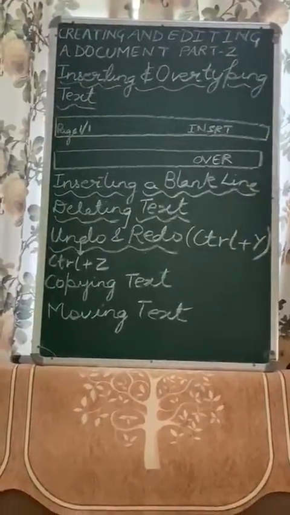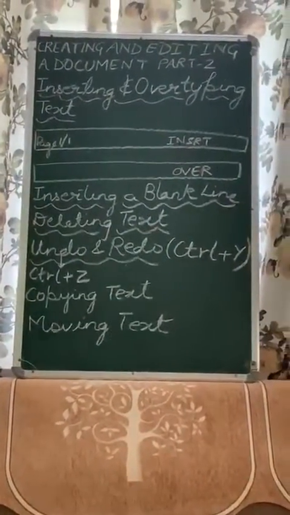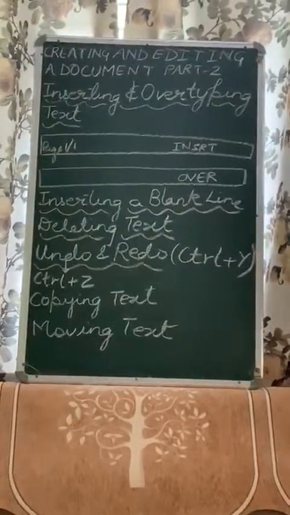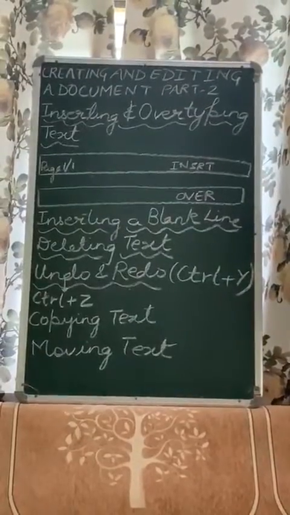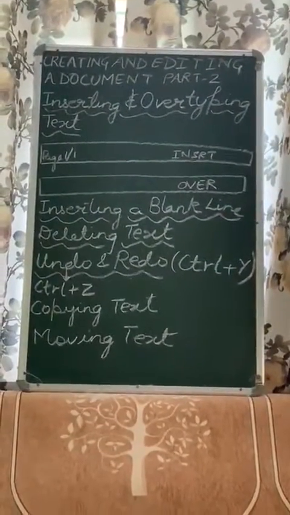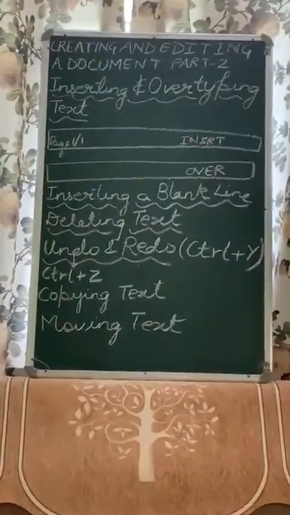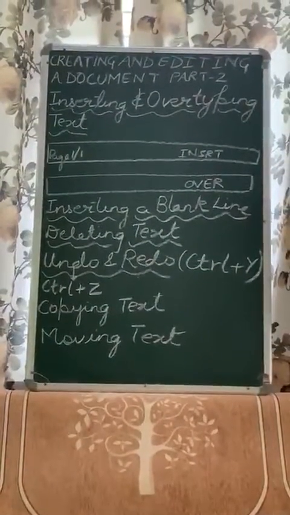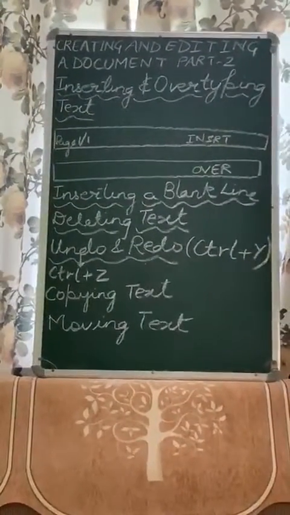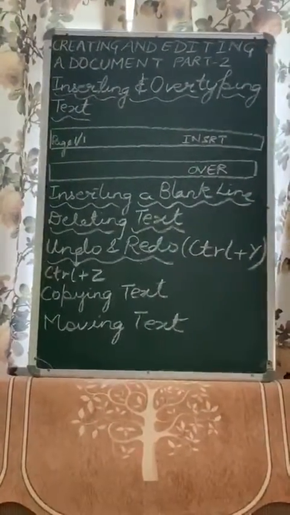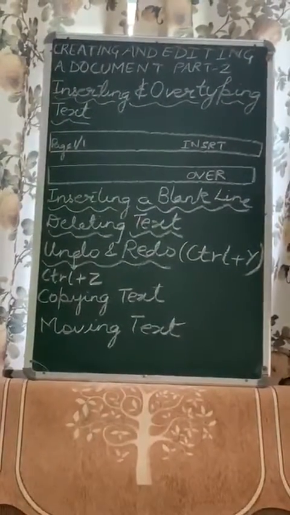Now next is copying the text. Copying refers to when we have to copy the text from one place to another, which means there are two copies of the same text made at two places, while moving refers to removing the text from the original position and then moving it to a new position. In copy, there are various ways to copy the text from one place to another and then paste it.